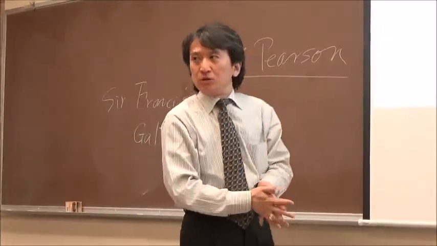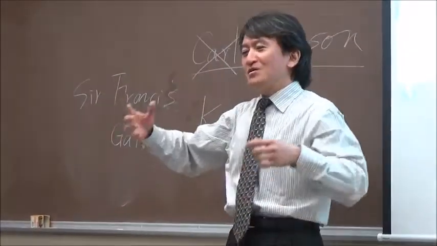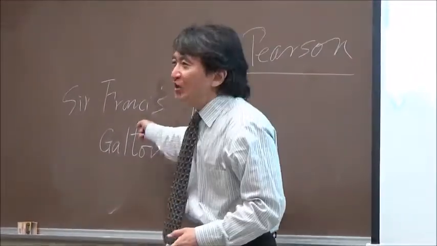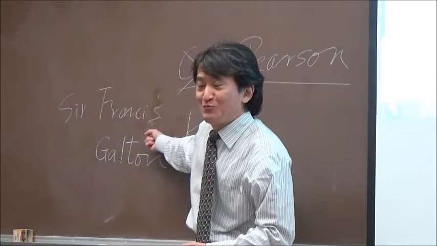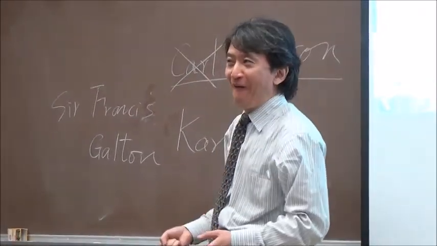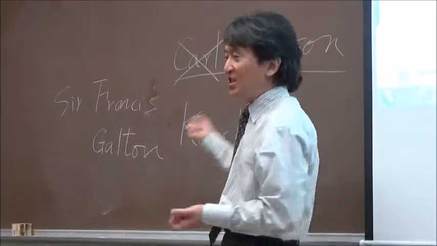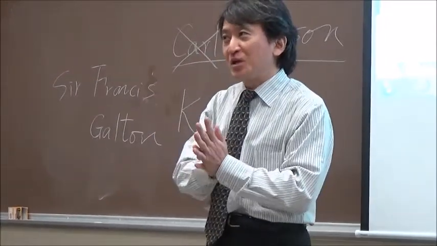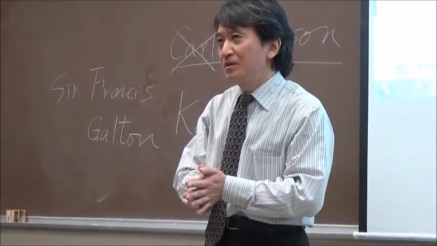Sir Francis Galton had an idea about correlation, but he wasn't good at math. So he asked Pearson to figure out the math, which he did. And then now we have the Pearson product moment correlation coefficient.